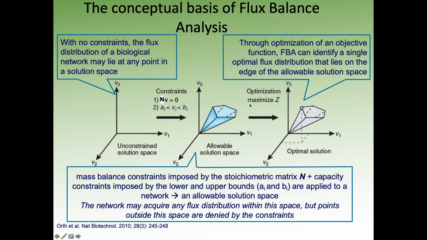And then next we can maximize for a specific function. If we know this is the specific space, where in this space do we produce the most amount of, say, ATP? And we can find the specific point in there where that happens.